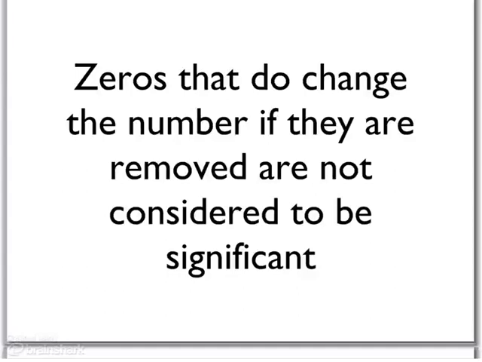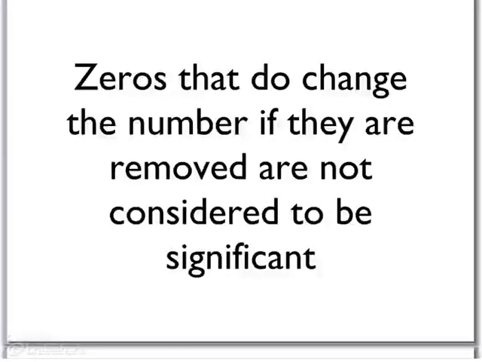Now moving on to the next rule, where we're looking at numbers where, if you were to cross off the 0, they do change what the number looks like. So you would not consider them to be significant, because now they're something called a placeholder, holding that number to a particular spot, such as the thousandths place or the hundredths place.